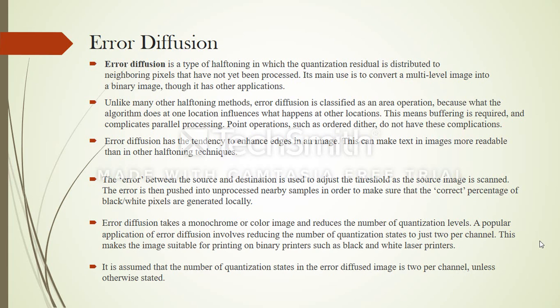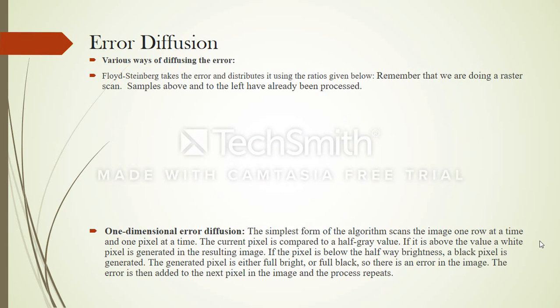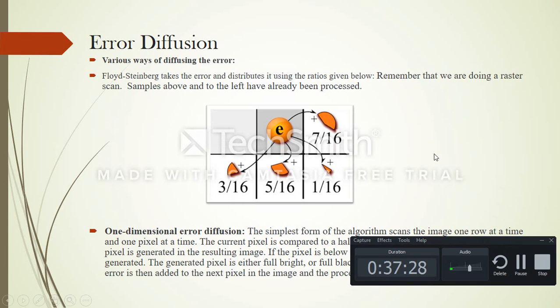It is assumed that the number of quantization states in the error diffused image is 2 per channel unless otherwise stated. Error diffusion can be done in various ways. Floyd-Steinberg takes the error and distributes it using the ratios given below. Remember that we are doing a raster scan.